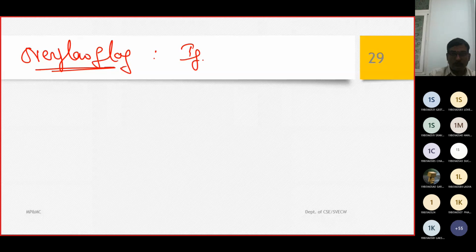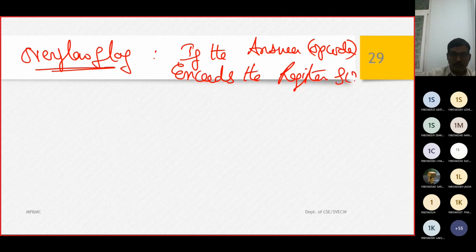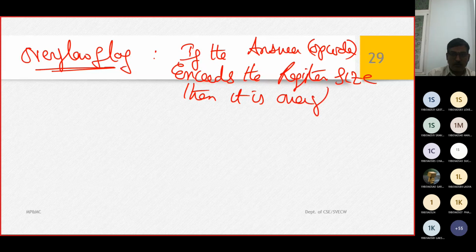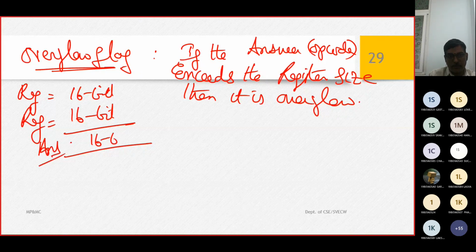If the answer, that is the opcode, exceeds the register size, then it is overflow. Register size is equal to 16 bit. Then again the answer is 16 bit. It is no overflow.